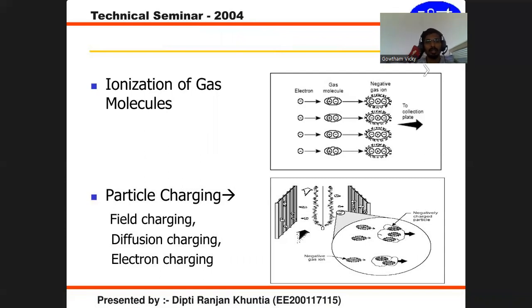Then the ionization of gas molecules: the particle charging, field charging, diffusion charging, and electron charging. So the charged particles and the negative gas ions are used to collect on the plates.